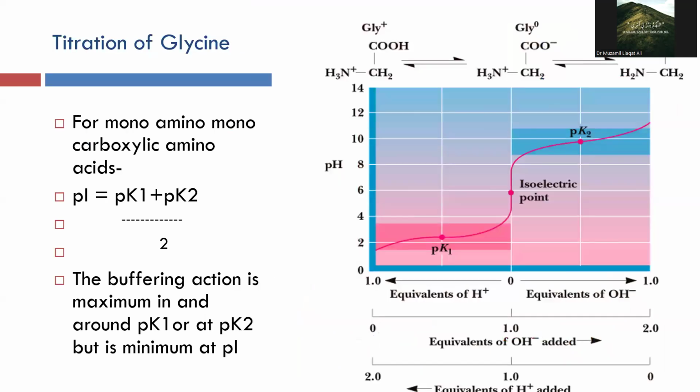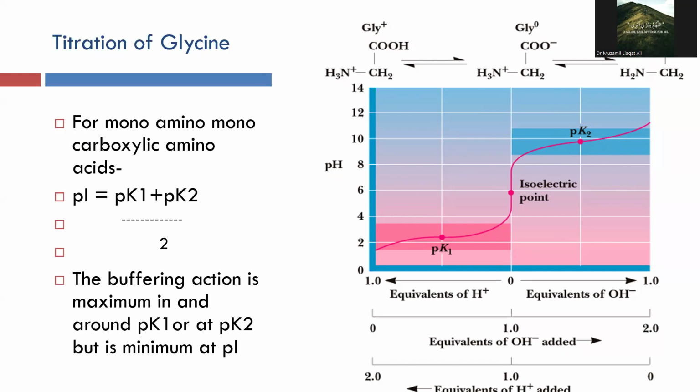Now, the buffering action is maximum at the pK and minimum at the isoelectric point. This is a high-yield concept for exams and clinical practice, right? Maximum buffering capacity occurs within plus or minus 1 pH unit of pK1 or pK2.